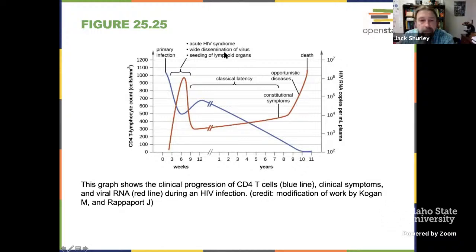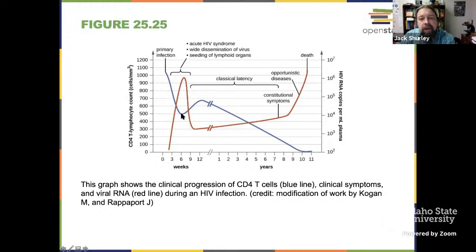We see rapid replication of the viral particles, as you see a spike here in this red bar, peaking here at about 1 million copies, 10 to the 6 RNA molecules per milliliter of plasma. So it's an enormous amount.